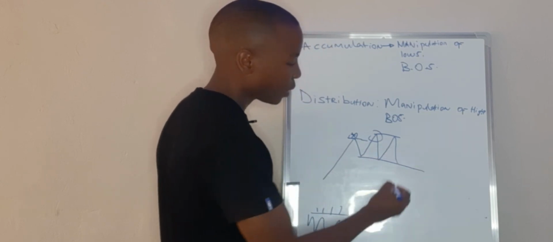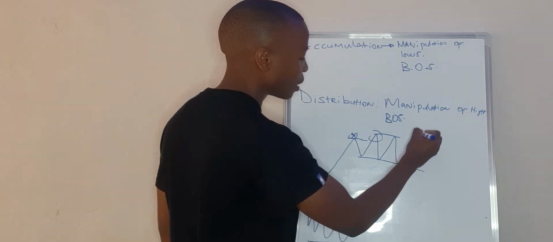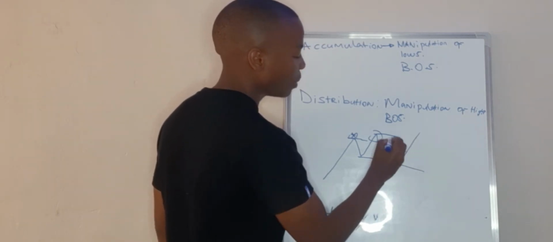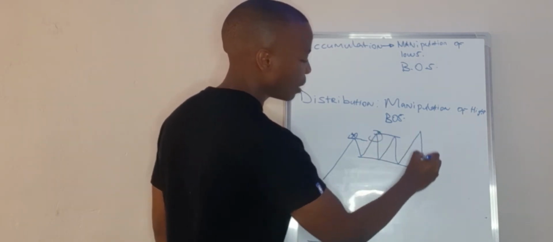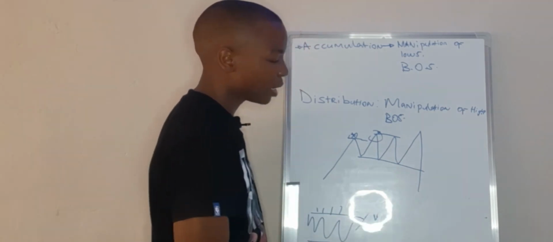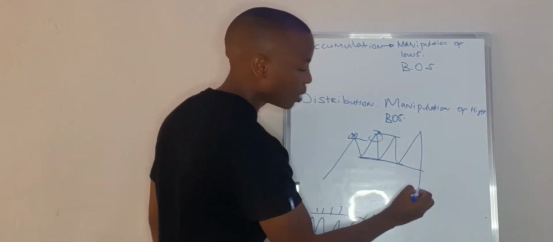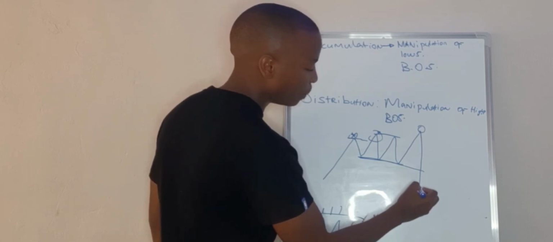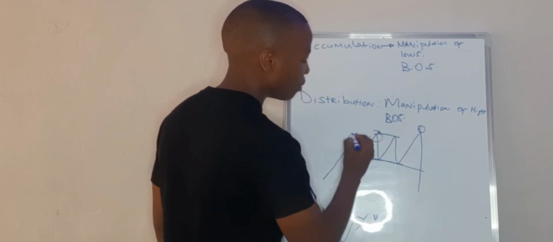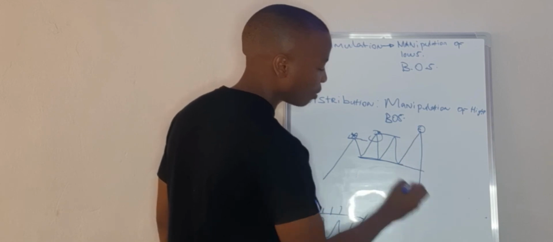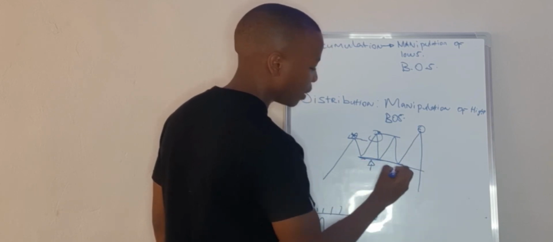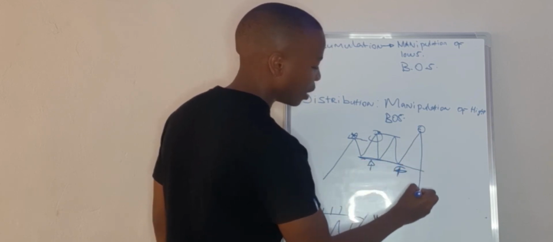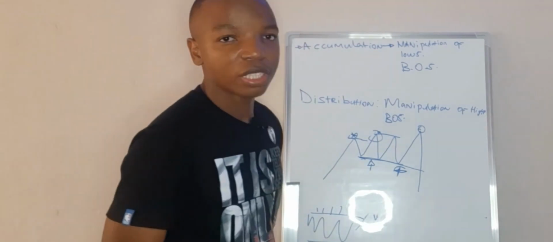Now the market goes up for the third time, violates this, and at the same time you get a strong movement to the downside, violating these lows. When you see this violation of the highs, a break of structure, just know that it's a distribution.